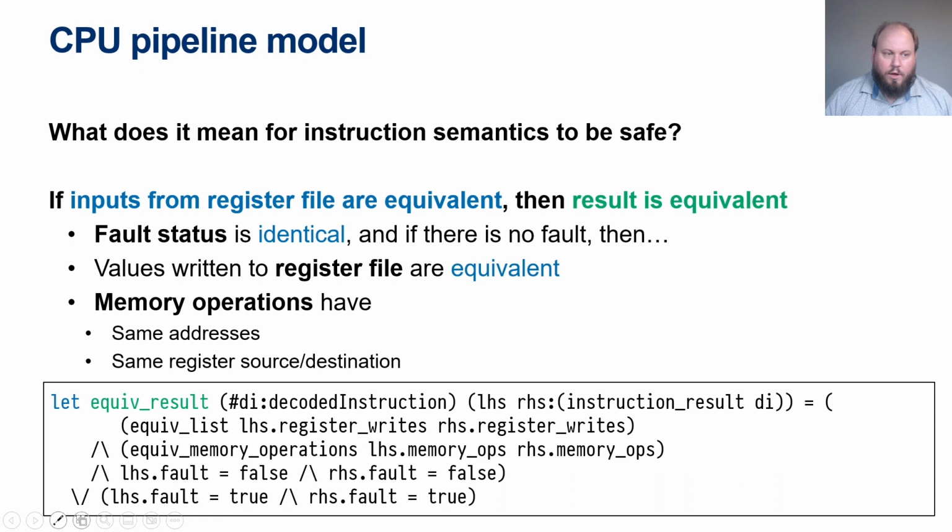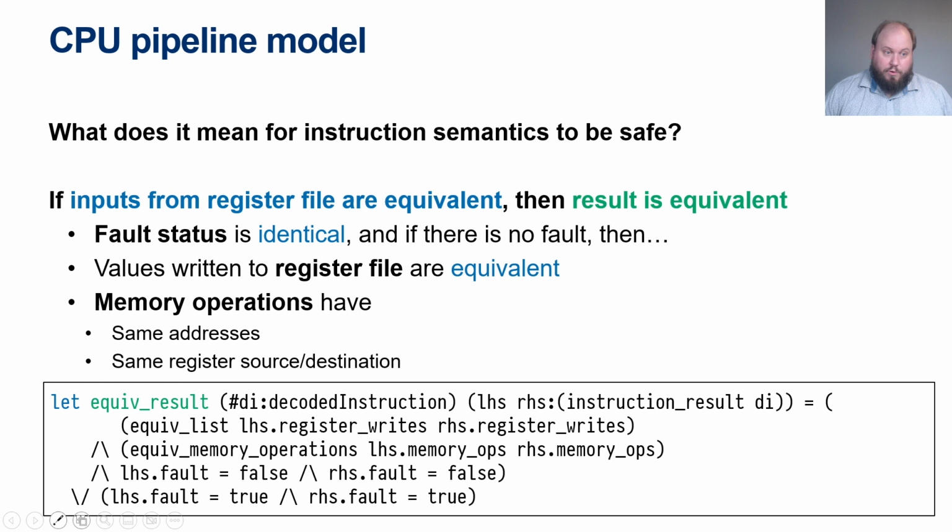So we can't have that a sensitive value 0 produces a fault and a sensitive value 1 produces no fault, because then we could distinguish between those two quite easily. So they have to produce the same fault status, and if there's no fault, which means that there are going to be changes to the machine state as a result of the instruction, then the values that get written to the register file need to be equivalent.